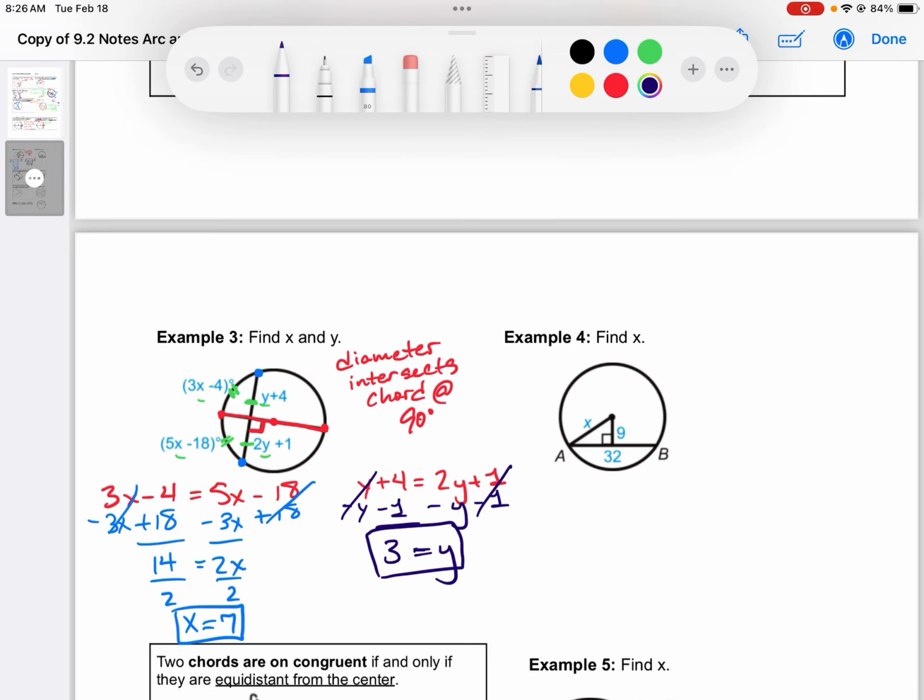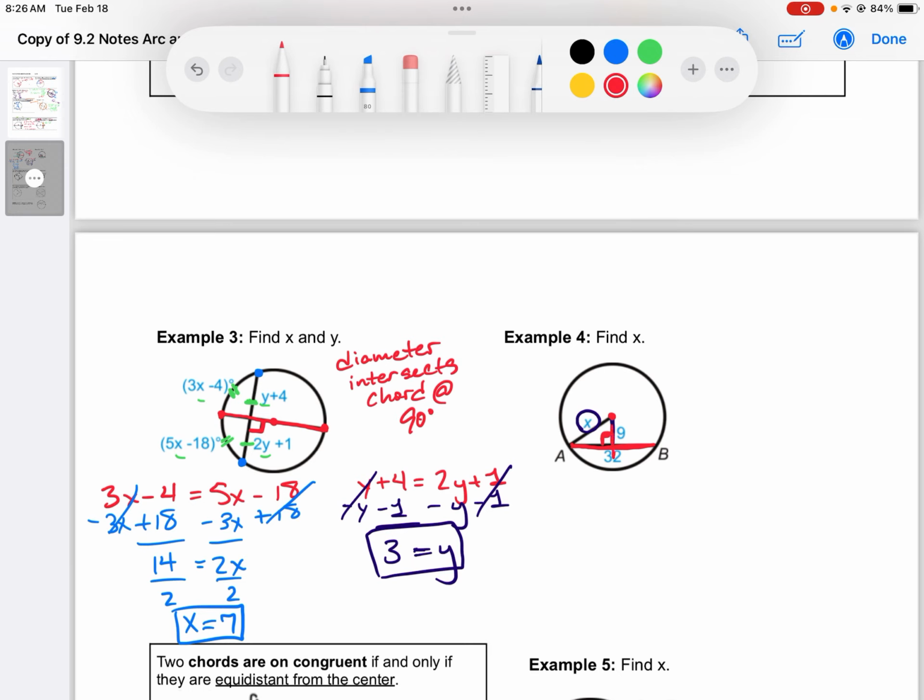Example number 4 says to find x. So I'm really looking for the hypotenuse of this mini triangle within my circle. Now I see a couple things. Even though I only know that part of this line is 9, I know that it starts in the center and that it crosses this chord at a 90-degree angle.